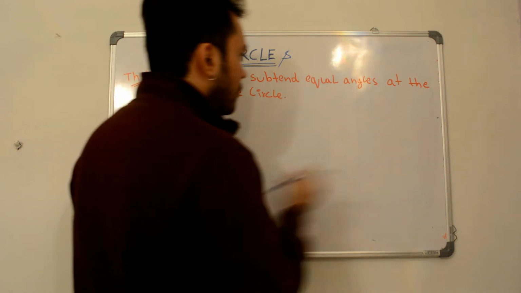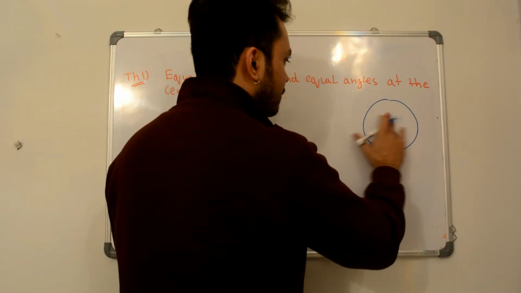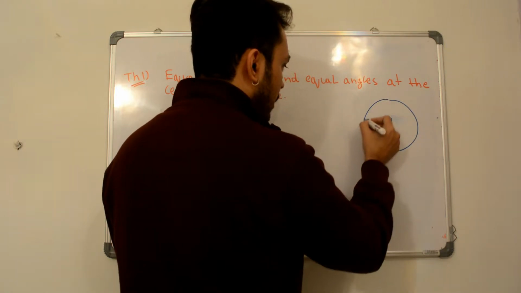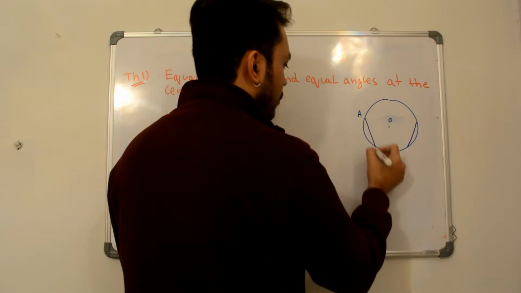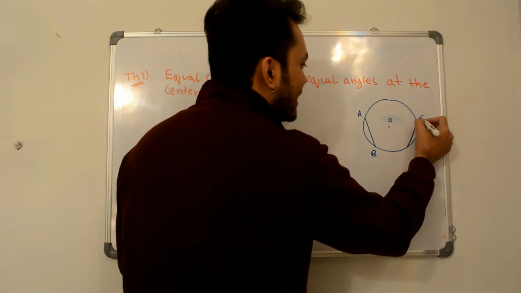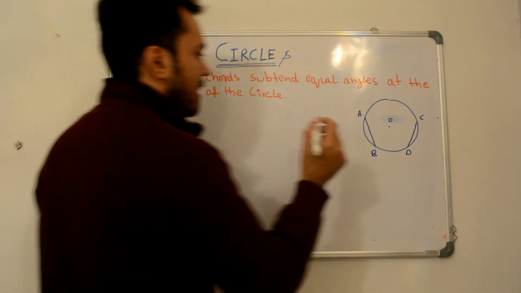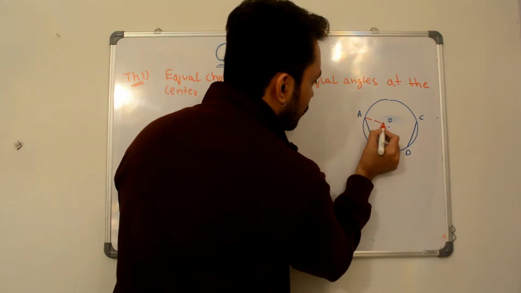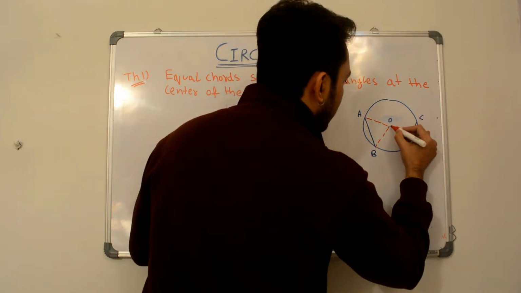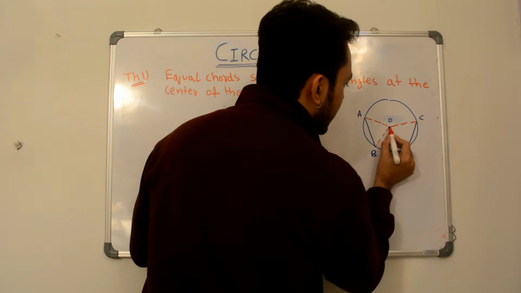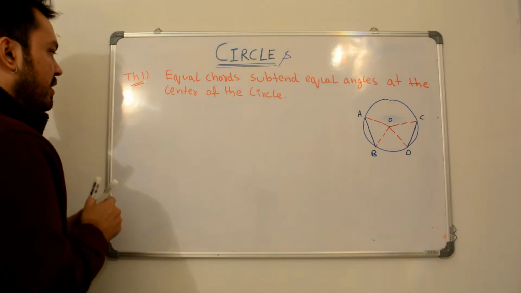So let me draw a diagram for you. A circle with center O. Let this be a small o, and let me take two chords which are equal. They don't look equal, but actually they are equal, AB and CD, right? And join these two points, OA, OB, and two other points OC and OD, right? So what is given to us?